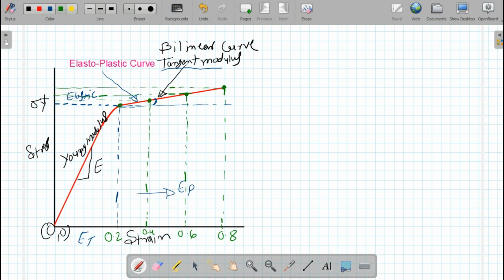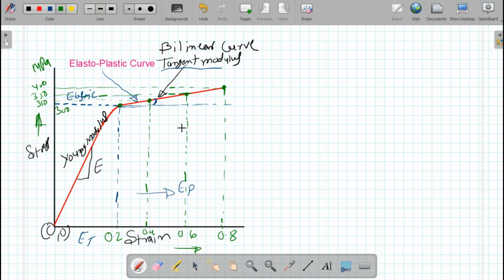Let's say your yield is 300. Then you have, let's say, 310, 350, let's say 400, right? So as you keep on increasing the stress, the strain is also increasing, correct?